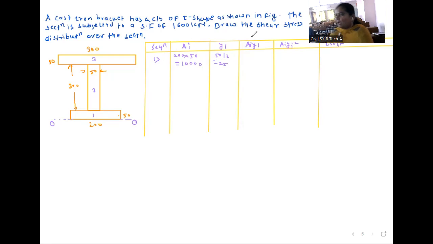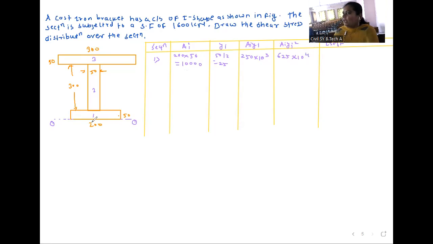So ai yi is 250 into 10 raised to 3. After that ai yi square, that is 25 square into ai, so 625 into 10 raised to 4.